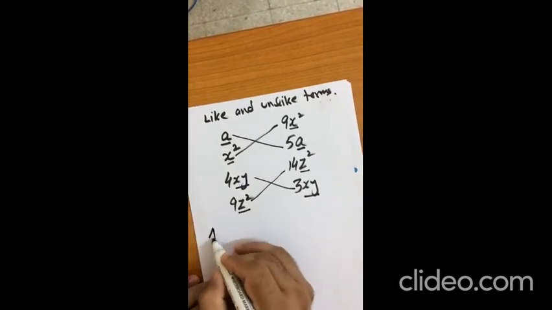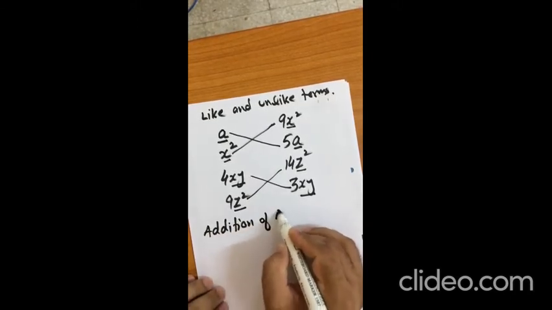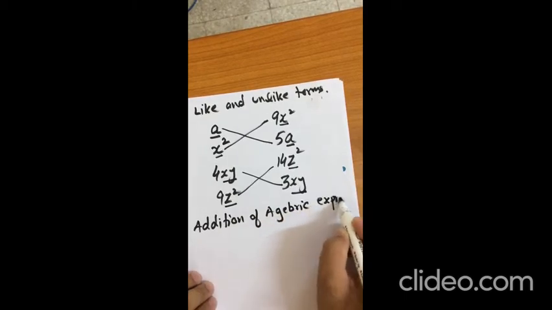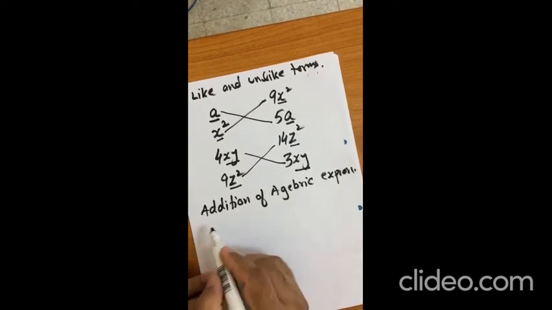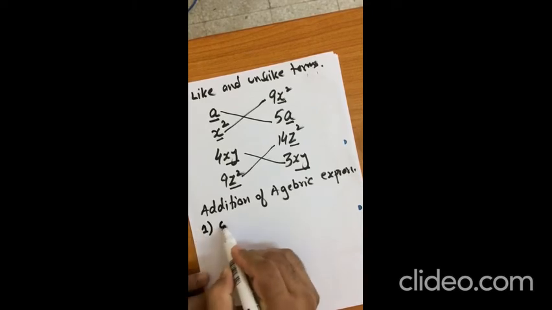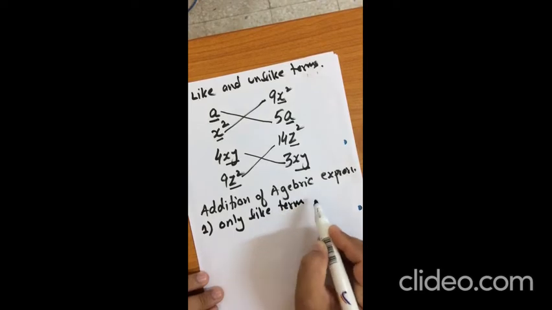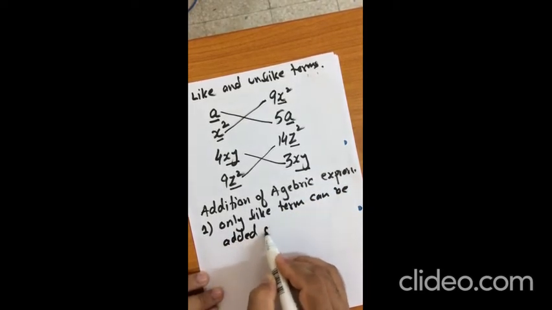Addition, new topic: addition of algebraic expressions. While you are adding or subtracting algebraic expressions, you must keep in mind some rules that you have learned before in classes. The first one is that only like terms can be added or subtracted.